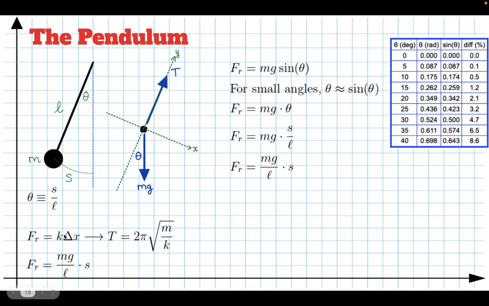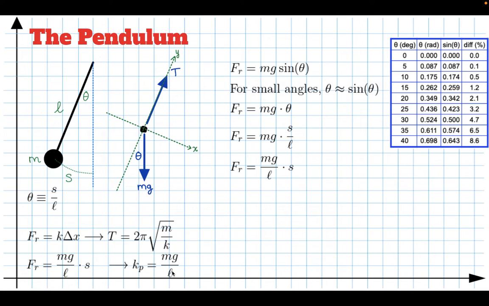So what that means is that the effective spring constant, the proportionality constant for a pendulum, is mg over L. So for a pendulum, the spring constant, and we put that in quotes, the proportionality constant between the restoring force and the displacement from equilibrium, which we call k, is mg over L.